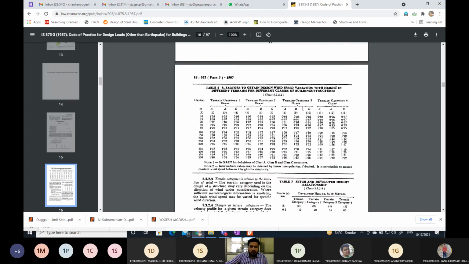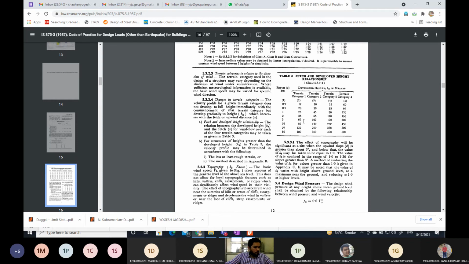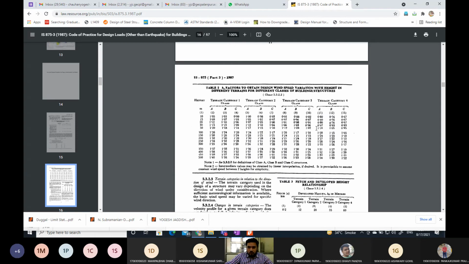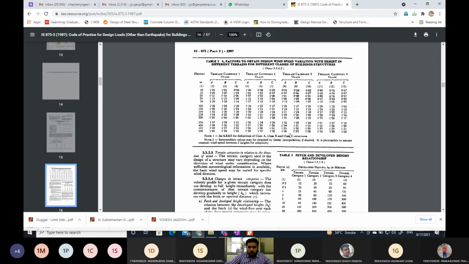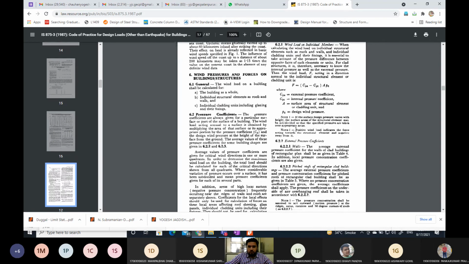Then for terrain category 3 and height of the structure 11 meter, the value is 0.87. For terrain category 3 and for K3 the value is 1.